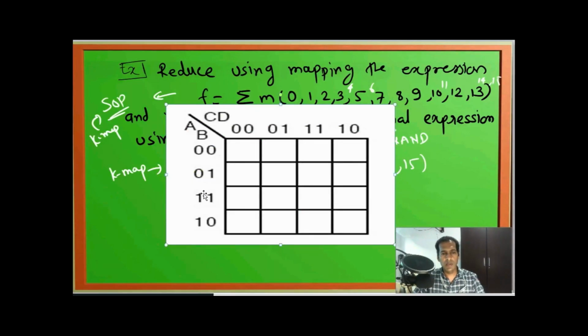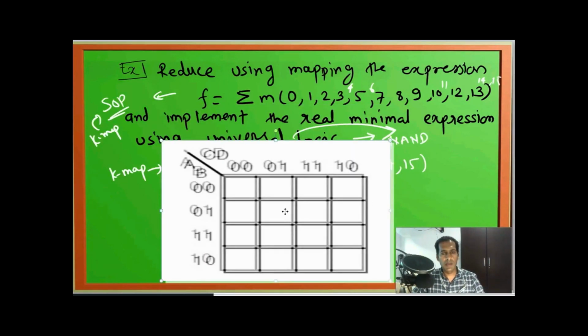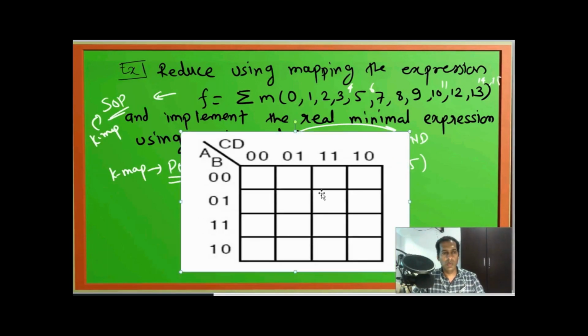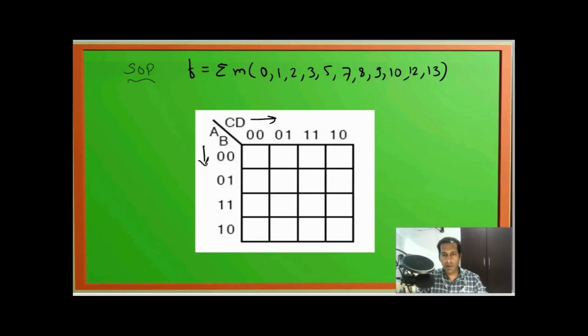So let us take this K-map and first solve for the SOP. First we will draw the K-map for the SOPs. This side is AB, this side we represent CD. Here we focus on the SOP.